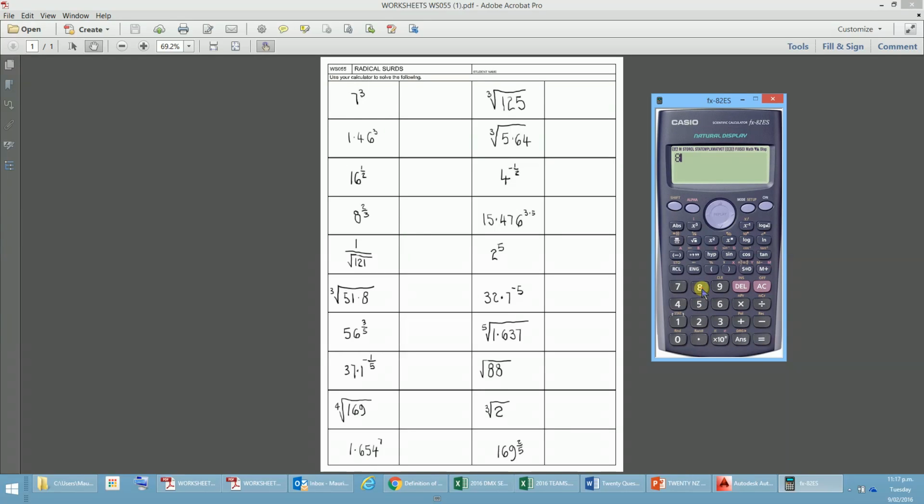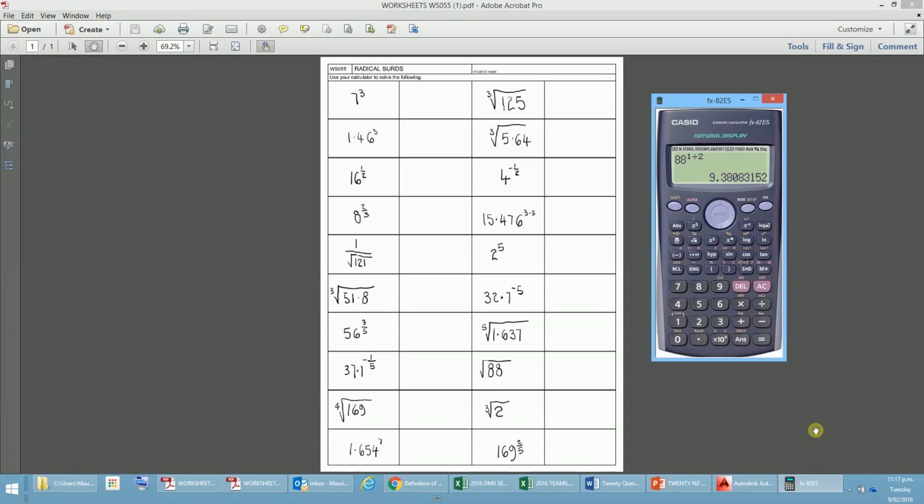So we could go 88, and to find the square root of it, the square root is to the power of a half. So we could just go 1 divided by 2. We should get the same answer, 9.3808315. So, yeah, pretty simple stuff.